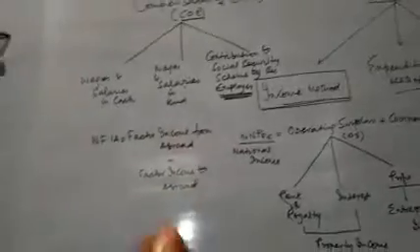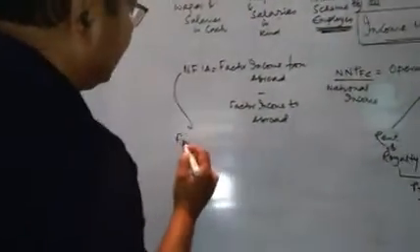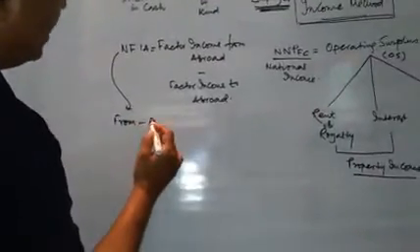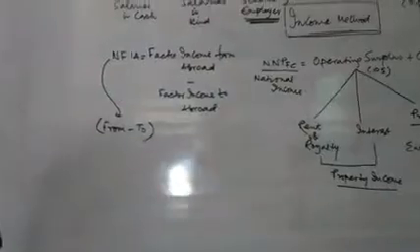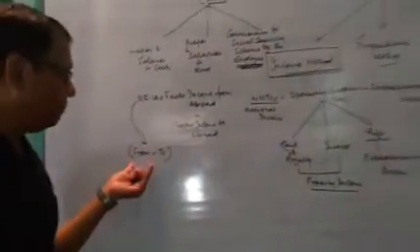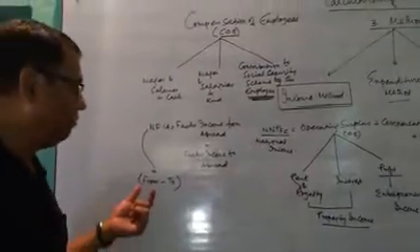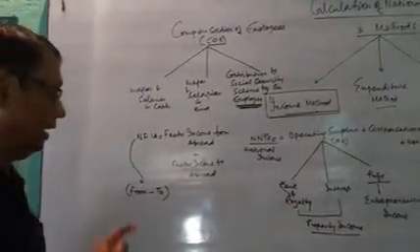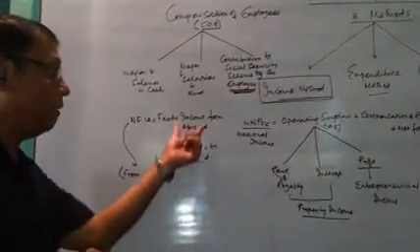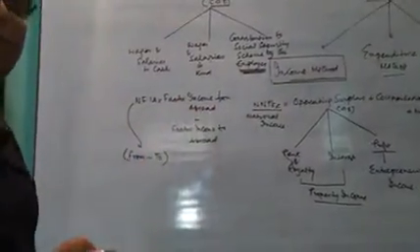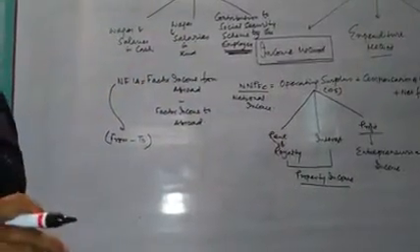So "from minus to", you have to keep it in mind: NFIA means from minus to, not to minus from. Factor income from abroad minus factor income to abroad gives NFIA. If you do factor income to abroad minus factor income from abroad, you will get net factor income to abroad.